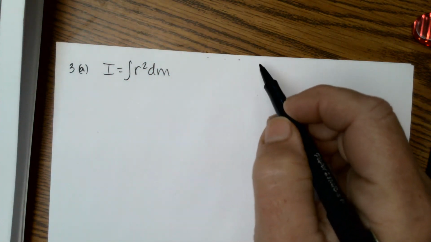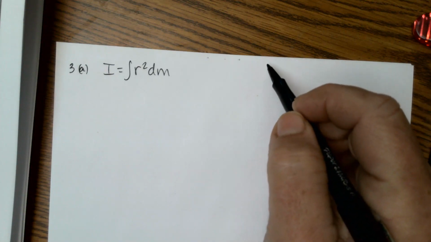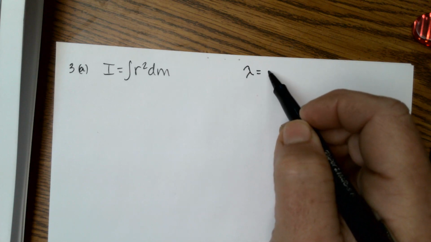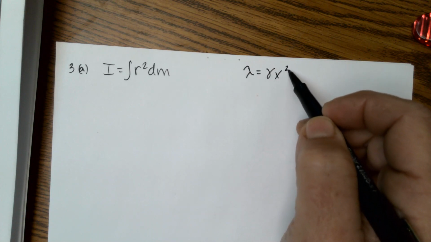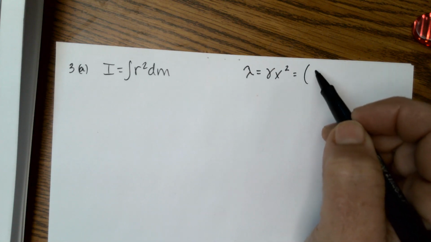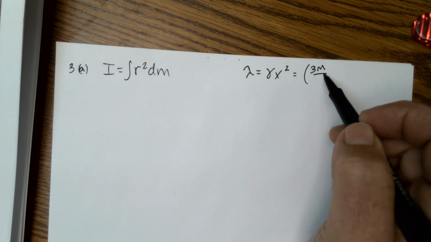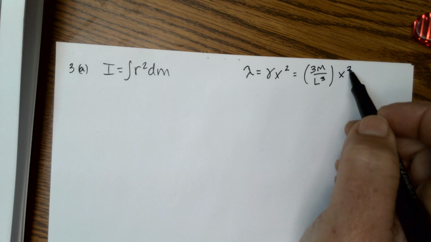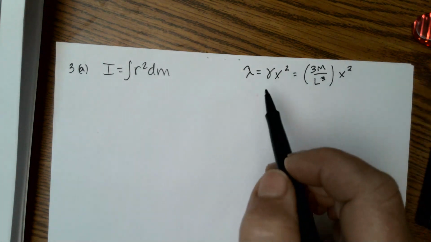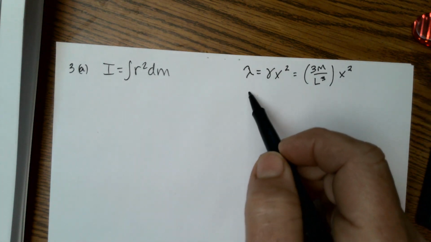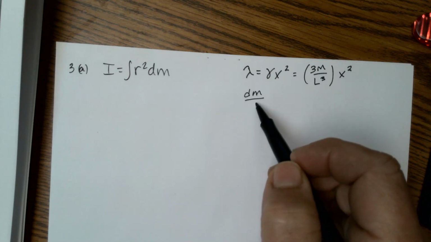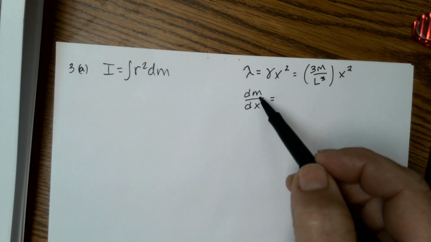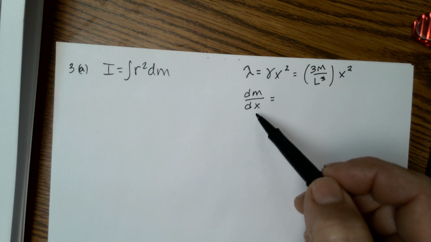But I don't have a singular r or a singular point. But they give me this linear mass density, and they say that it's gamma x squared, but then they give me a value for gamma, which is 3m over L cubed times x squared. Now remember from the other day that linear mass density is the same as dm over dx because it's my mass distributed throughout my length.